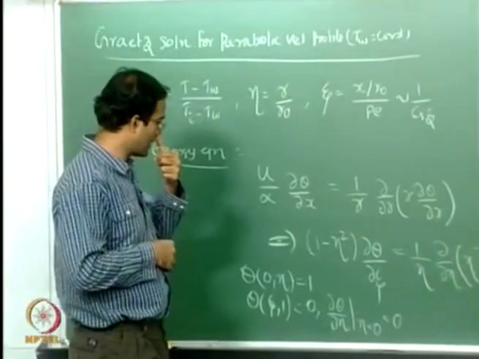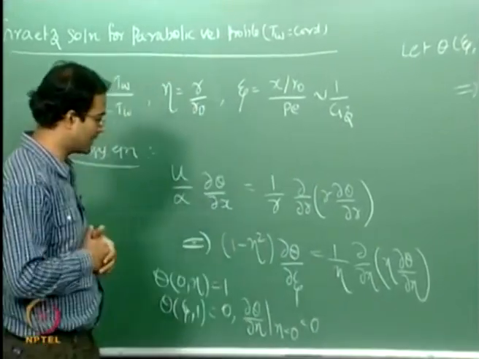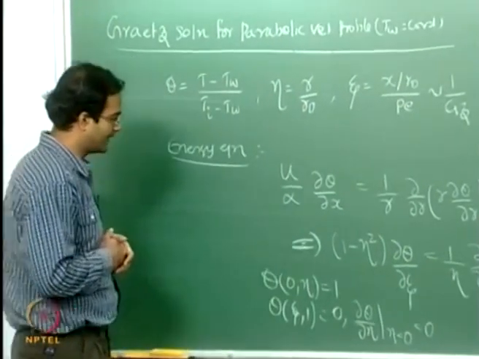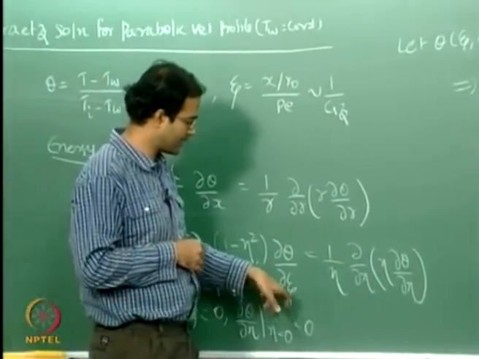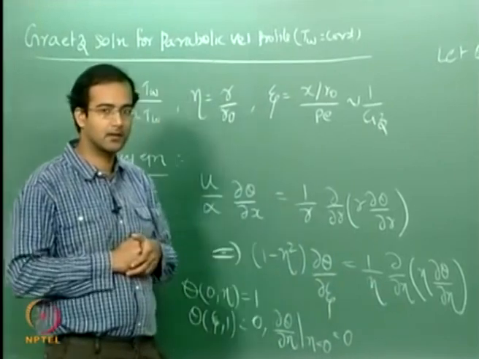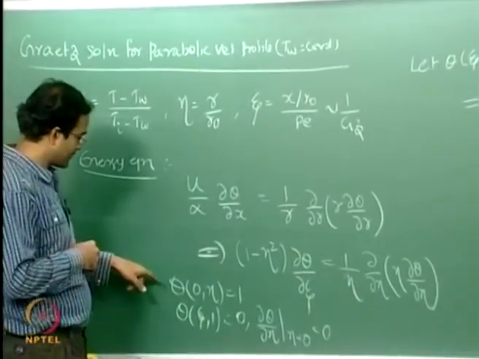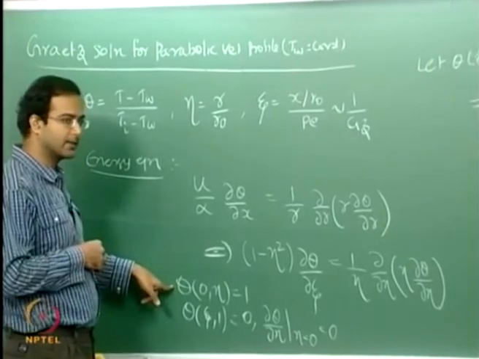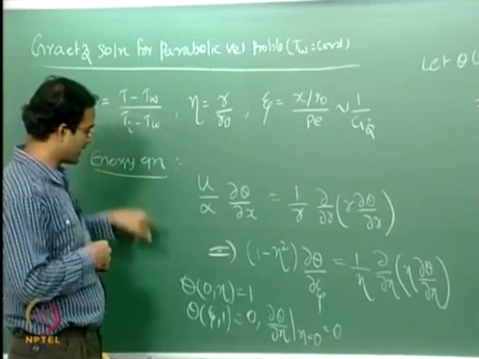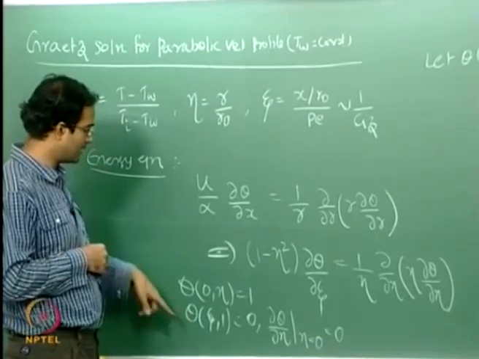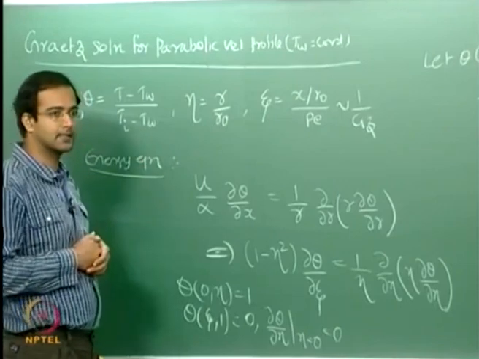Therefore, if you substitute, you get a partial differential equation in terms of theta, which is a function of both the axial coordinate zeta and your non-dimensional radial coordinate eta. The boundary conditions are at the entry region, that is at zeta equal to 0, T equal to Ti, therefore your theta will be 1, and at the location r equal to r naught, that is at the wall.